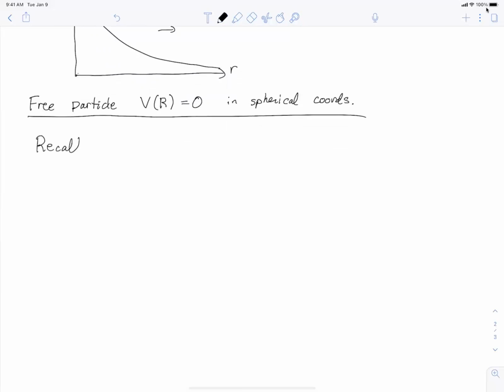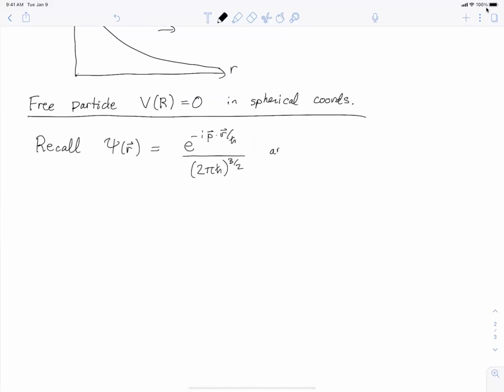Recall that the wave function for a certain set of commuting observables is e to the i p dot r over h bar, and then normalizing it gave us a 1 over (2 pi h bar) to the 3/2, 3 because there are 3 dimensions.